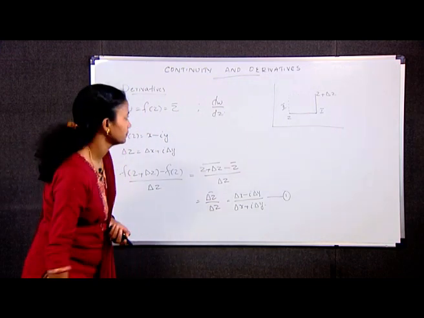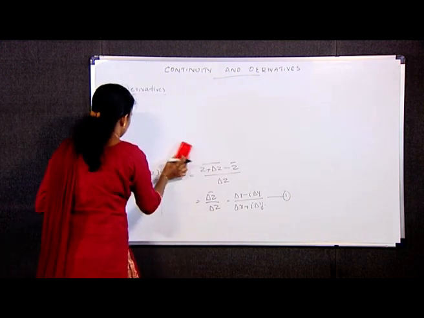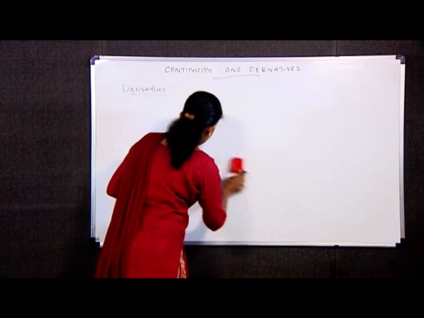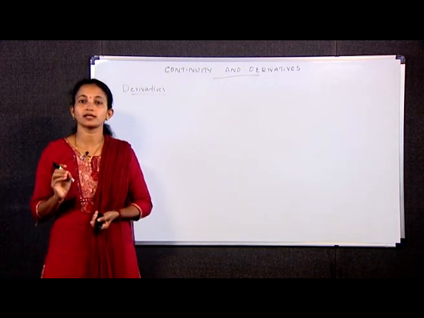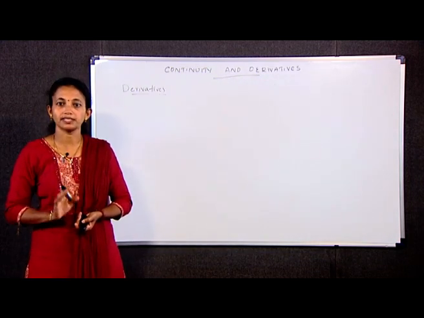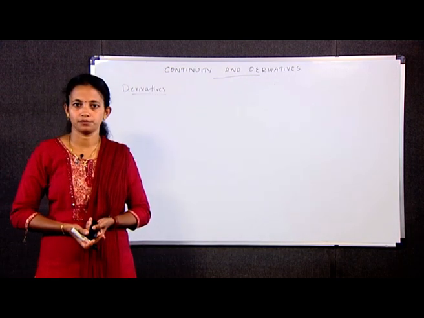Next, we have a theorem. Theorem: The existence of the derivative of a function at a point implies the continuity of the function at that point.